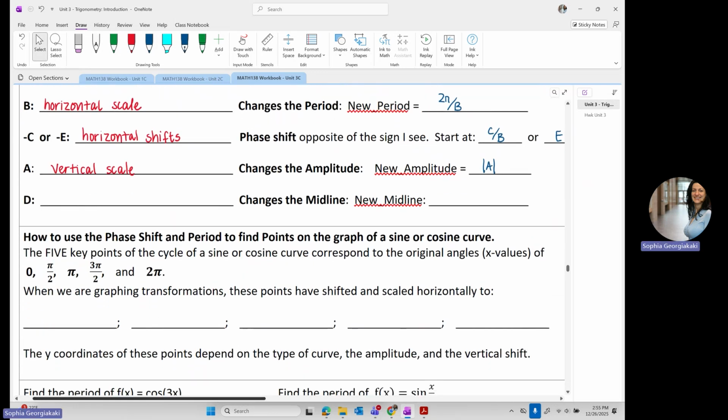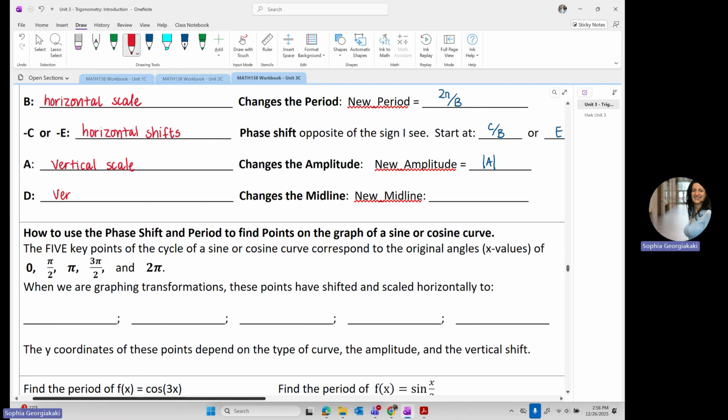And D is the vertical shift. Vertical shift means that your midline will shift. And now you will get a new midline, and that new midline will be at D. Because it was originally y equal to 0, and now it's just going to move D units.